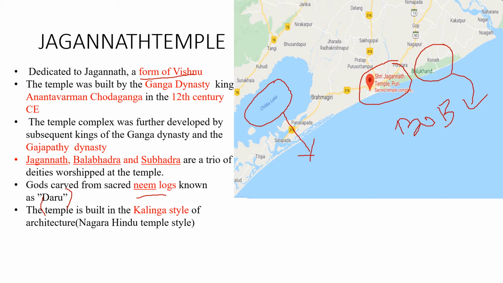This temple was built by King Anantavarma Chodaganga of the Ganga dynasty in the 12th century, and the complex was further developed by the Gajapati dynasty.